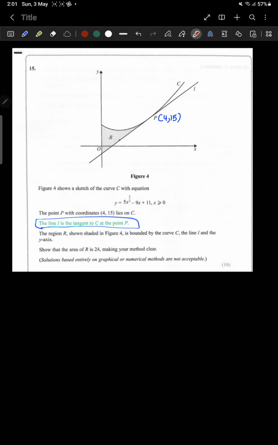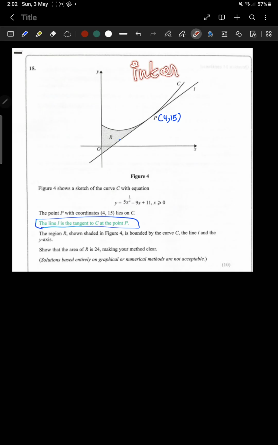Now how do we find the area of R? Well, you have to do the integration of it, right? Now if we need to do the integration, we need to have some limits. So let me just write it.